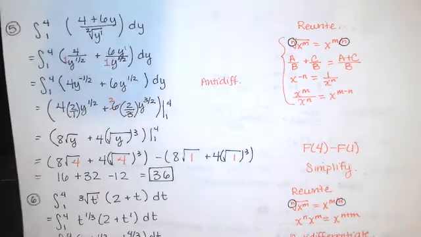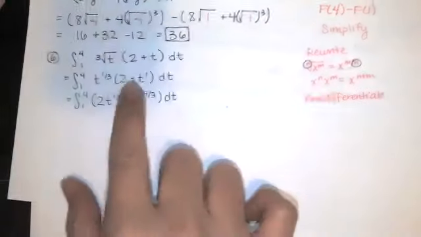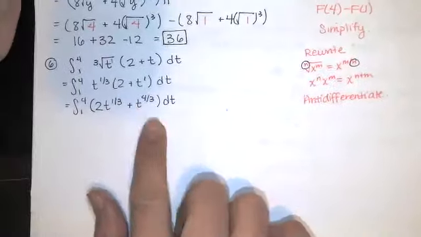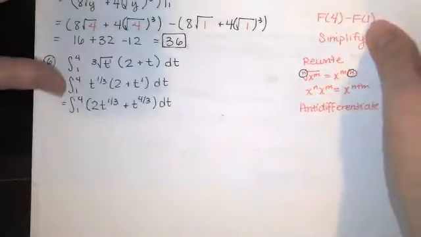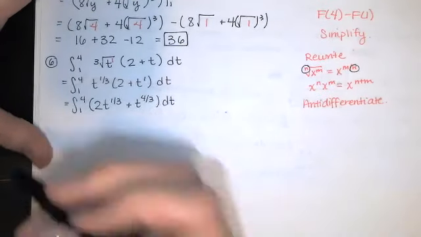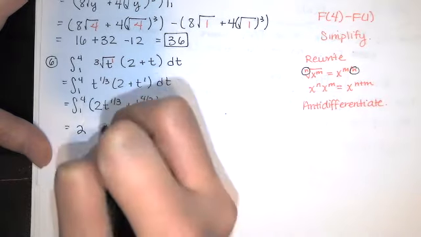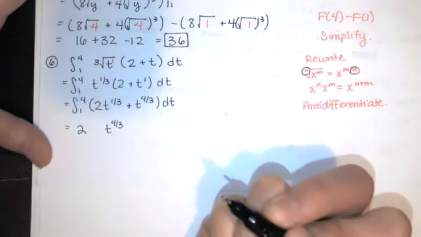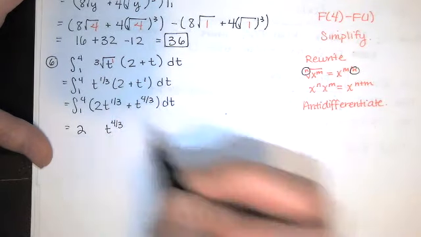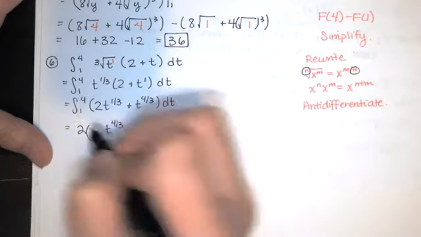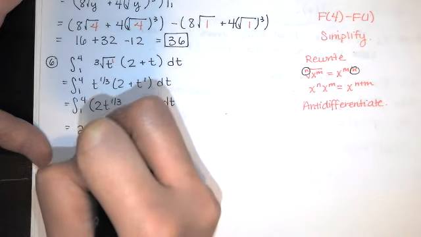Okay, so we're here. We said we don't have a rule for that, but if we rewrite it, we do have a rule for that. So now we can anti-differentiate. You bring the constant down, and then you add 1 to that exponent. Makes that 4/3. And then you divide by the new exponent. Dividing by 4/3 is the same as multiplying by 3/4.